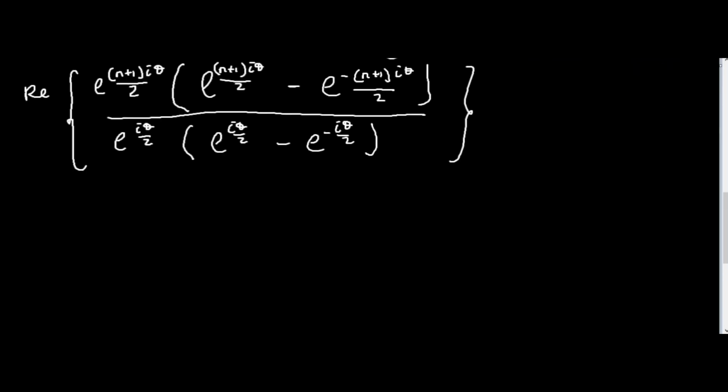So at this point, there's something looking alike. Have you seen it? Okay, let me show you. So this is the real part of e raised to power (n+1)iθ over 2, then over e raised to power iθ over 2.